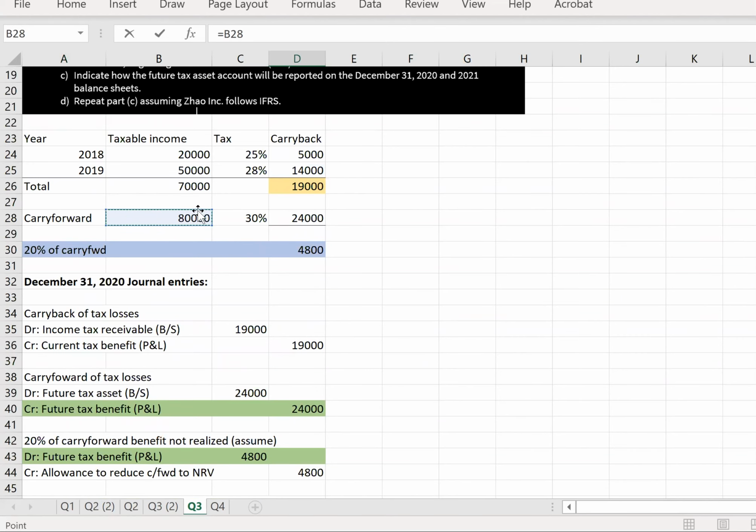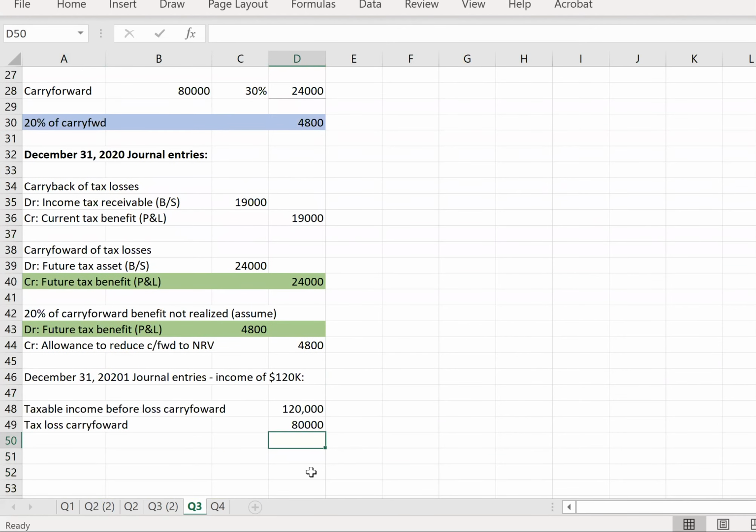Remember the schedule that we had made? $80,000. So the revised taxable income after offsetting the loss is going to be 120 minus 80. So we have 40,000. And then our tax rate is going to be 30%. So what's our current tax expense going to be?